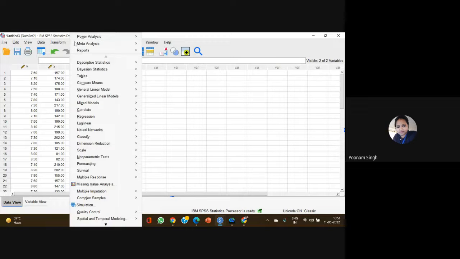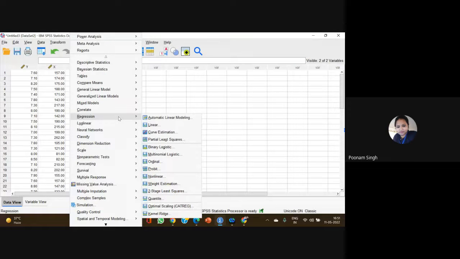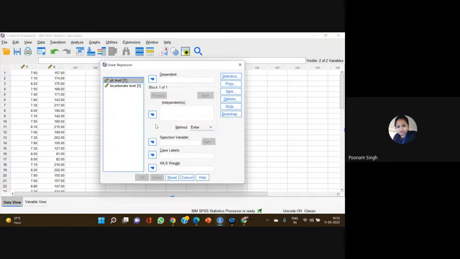So go to Analyze, go to Regression, and after that, go to Linear. When you click Linear, this box will open. Now we are using bicarbonate of well water to predict the pH of water.